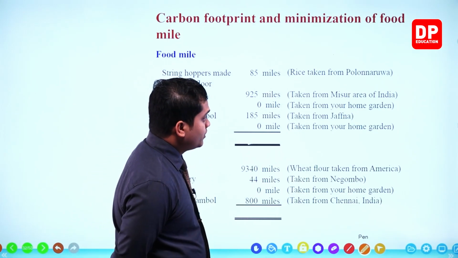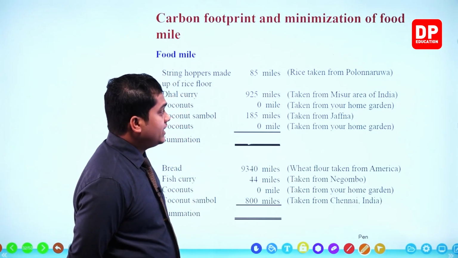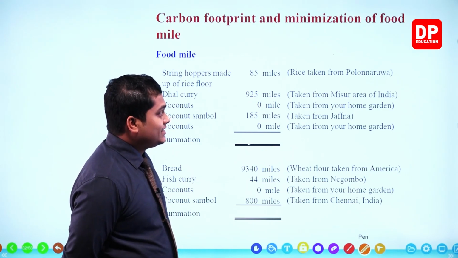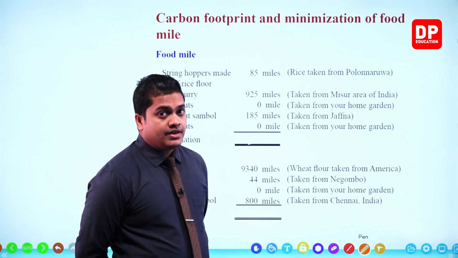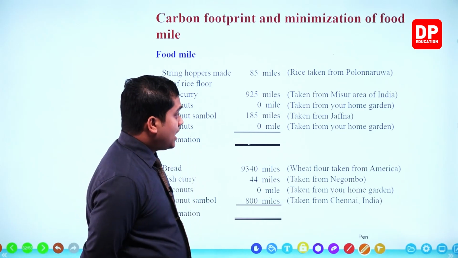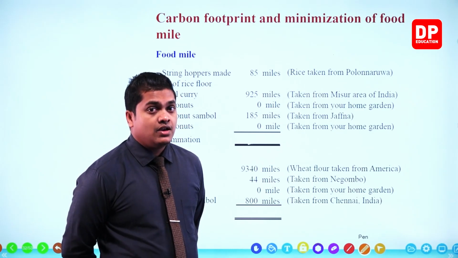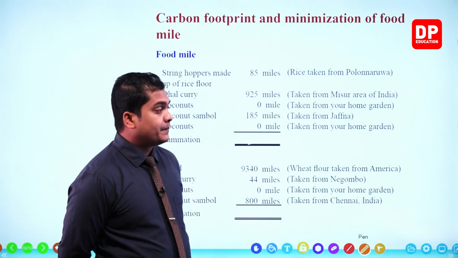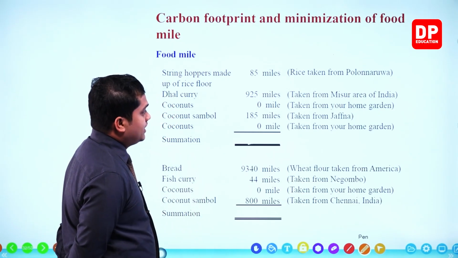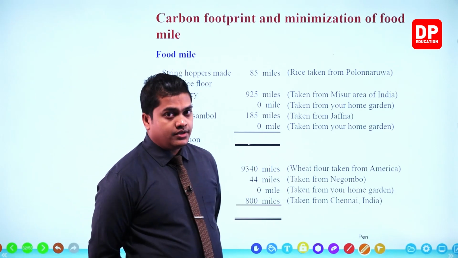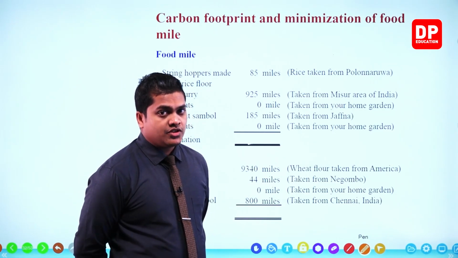So as it is taken from India, the distance which the dal has traveled is around 925 miles. Okay, next one, coconuts. As coconut is taken from your garden, there is no distance which the coconut has to travel, so 0 miles.